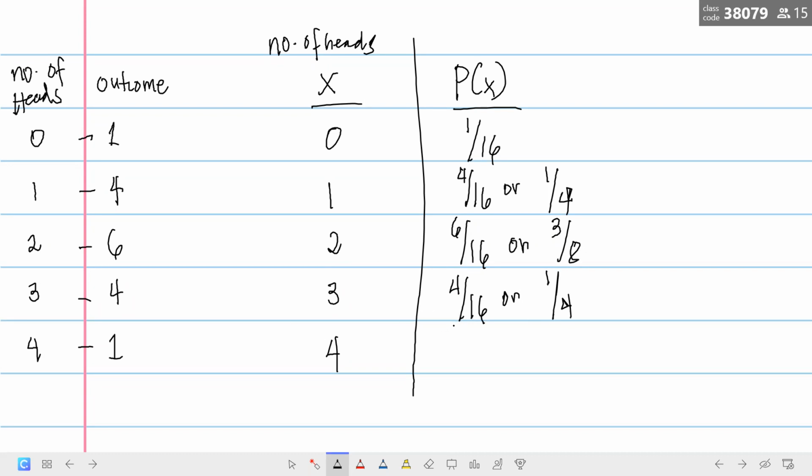Lastly, 1 lang sa 4 na heads. So this is the probability distribution of tossing 4 coins considering the number of heads. Kapag pinag-add natin to class lahat ng probability, the answer is 1. So, ayan siya. May question dito sa coins.